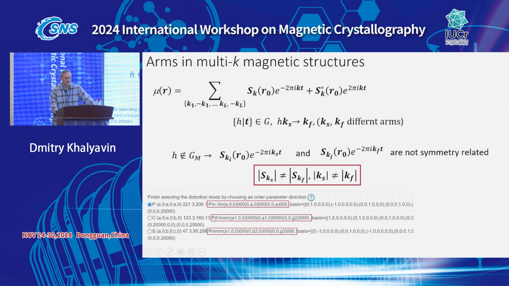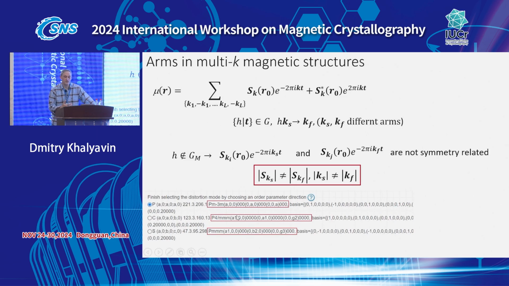But in the next one, the magnetic superspace group is tetragonal. And in this case, the modulation in plane has to be the same, A1, 0 and 0, A1, but along the C-axis it can be different. So there is no symmetry constraint why the third modulation along the C-axis should be the same as the in-plane one.